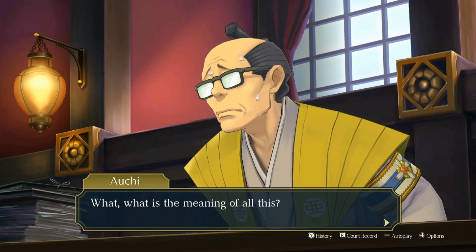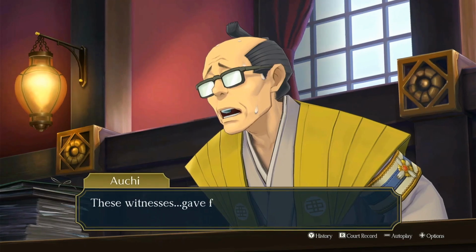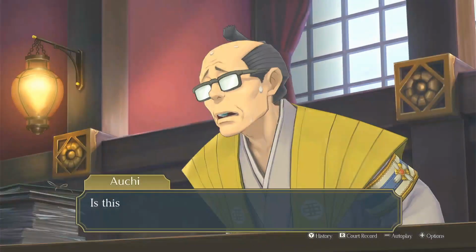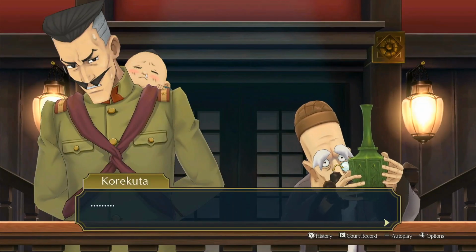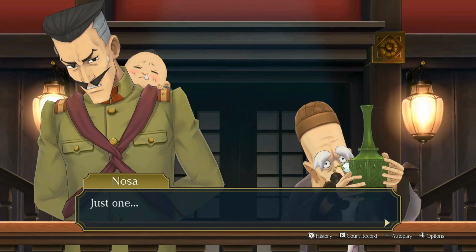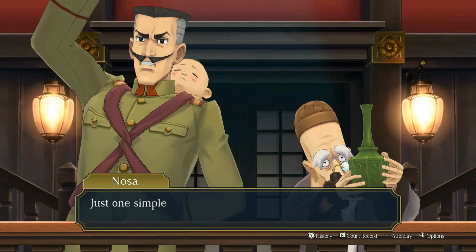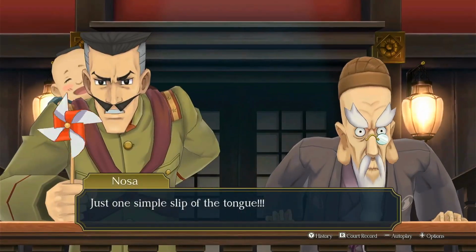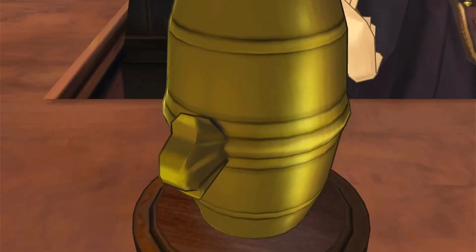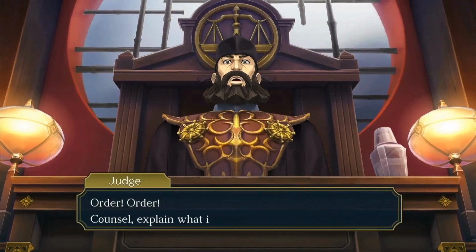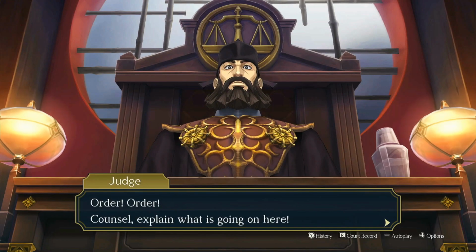What is the meaning of all this? These witnesses gave false statements? Is this true, you pair? Just one simple slip of the tongue. So they were ordered to give false testimony? Order. Counsel, explain what is going on here.